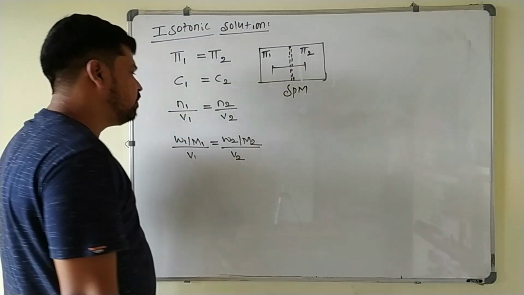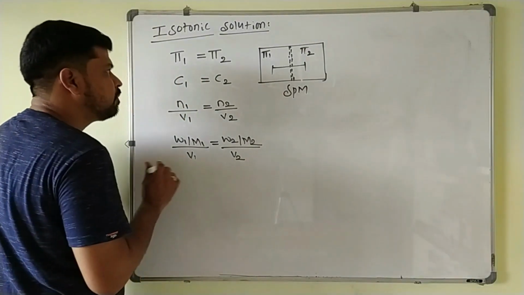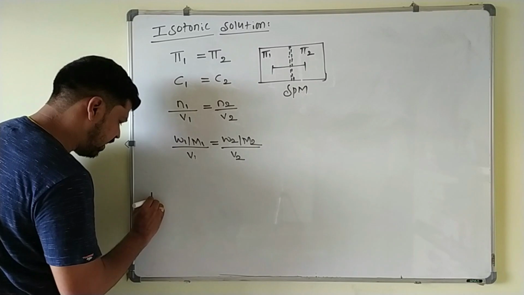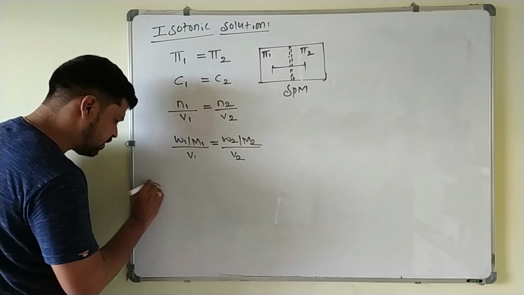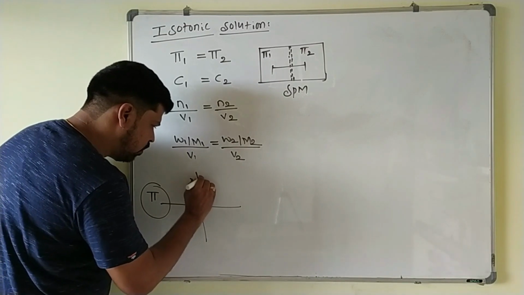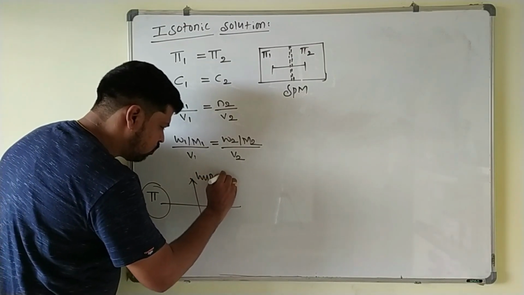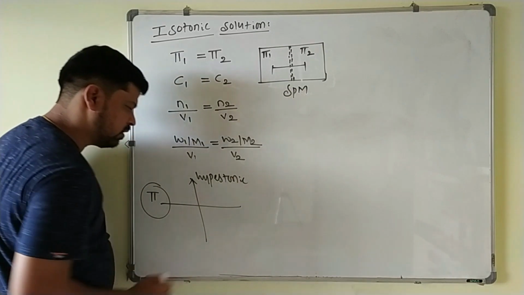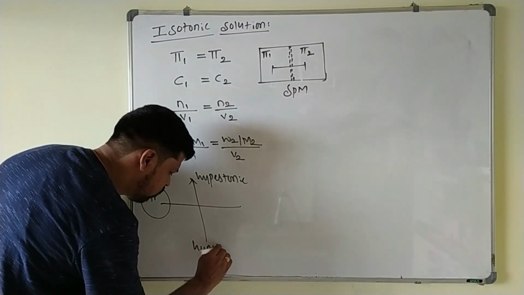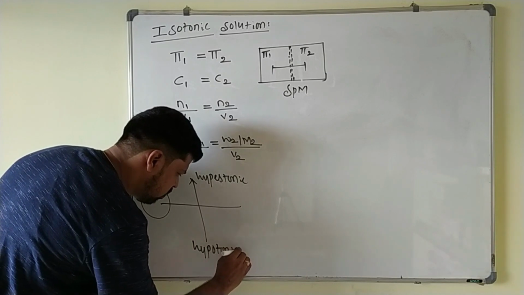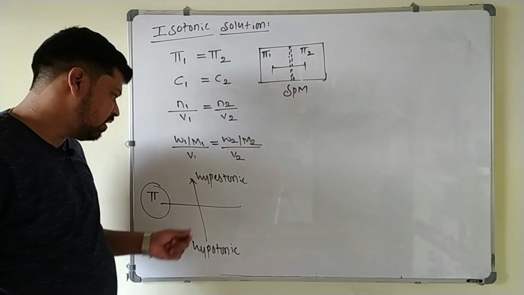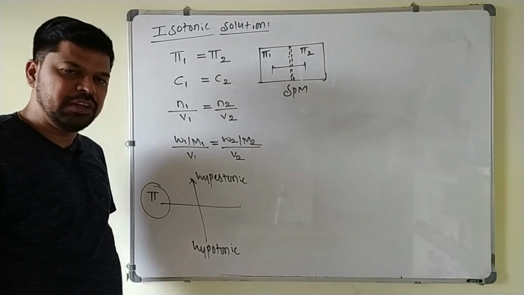Now, with respect to osmotic pressure, there are two types of solutions: one is the hypertonic solution and the other is the hypotonic solution.